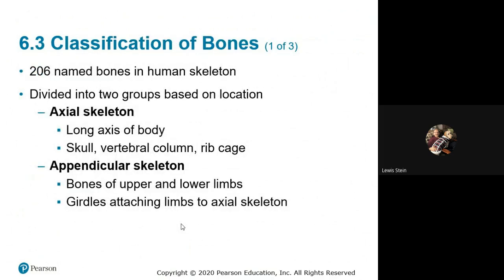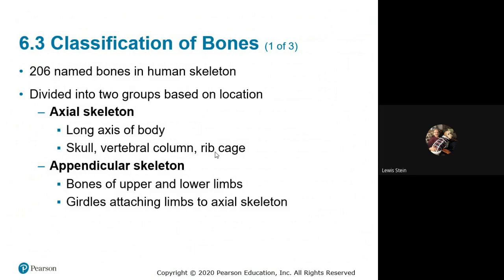Bones are divided, and this is really important. The way to remember them is based on how they're aligned. You have your core, they're called axial, the long axis of your body. Head, neck, chest, backbone, skull, vertebral column, ribcage. That's the axial skeleton.